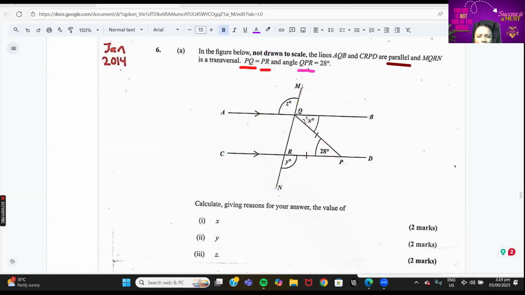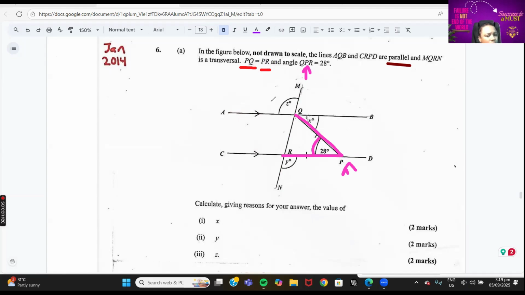Starting from Q, tracing to P, landing at R. So that's the angle at P. The angle, when given three letters, is always located by the letter in the middle.